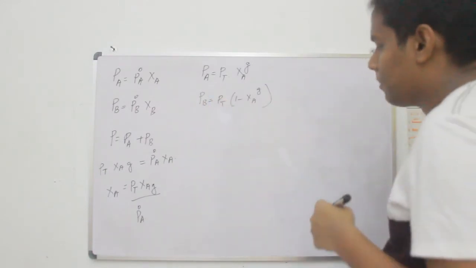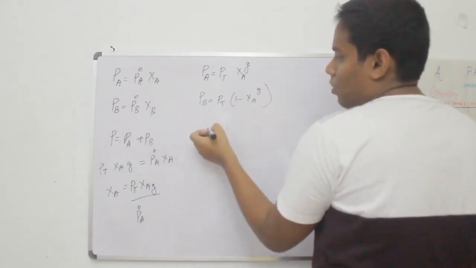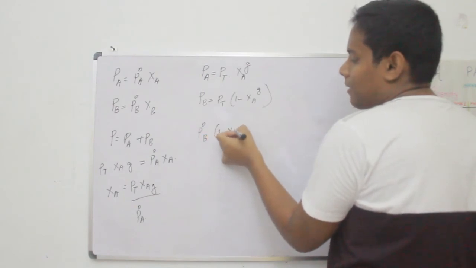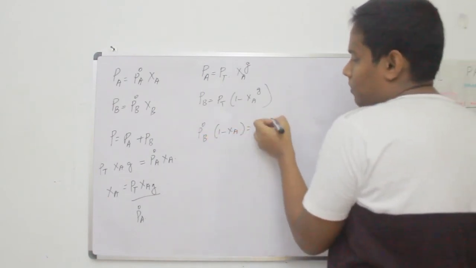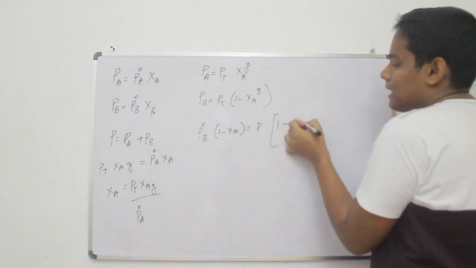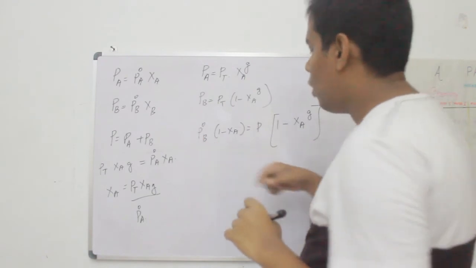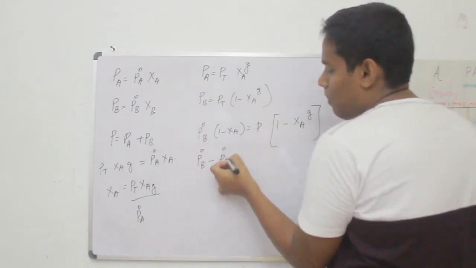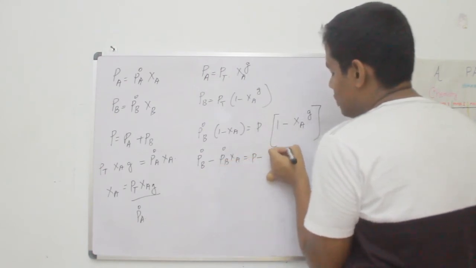Now I am going to substitute into this equation. So P0 B, what is XB now? 1 minus XA equals P into 1 minus XAG. Now P0 B minus P0 B XA equals P minus P XAG.